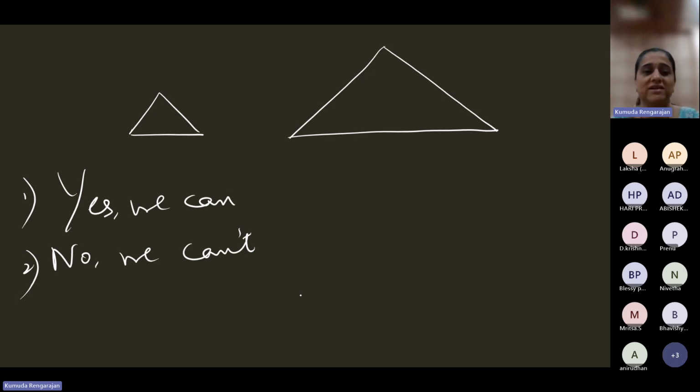You can see two triangles. No information is given. My question is, can you say that these two triangles are congruent? No, these two triangles are not congruent. Or you can't say anything. No, we can't say, nothing is given, so we can't say anything.